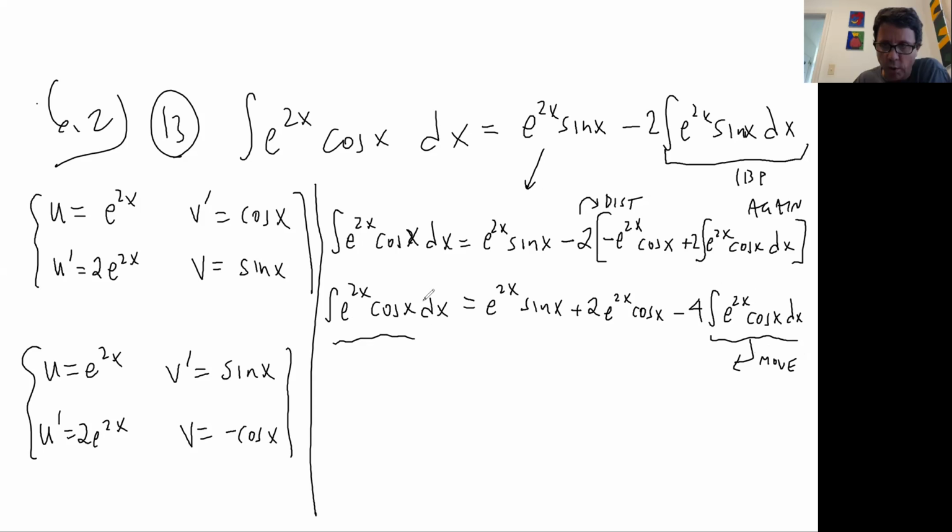So I have 1 copy already, and I'm adding 4 copies, so I'll end up with 5 copies of my integral on this side. And then the rest I just leave the same. So that stays and that stays. So e to the x sine, 2e to the 2x cosine.